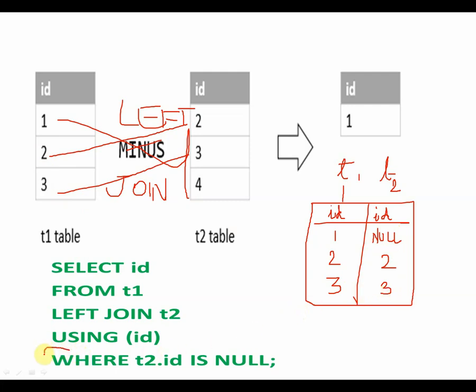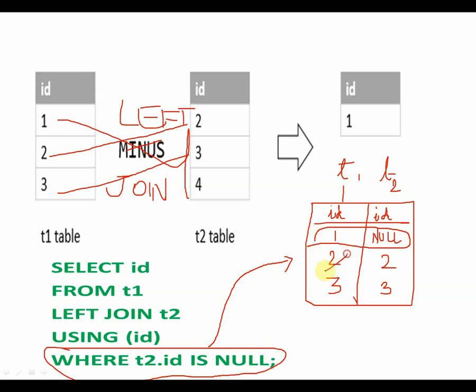This particular condition will be applied onto this left join result. After applying it, only this row will be retained, whereas the other rows will not be displayed. That is the meaning of emulating the minus operation by making use of a left join.